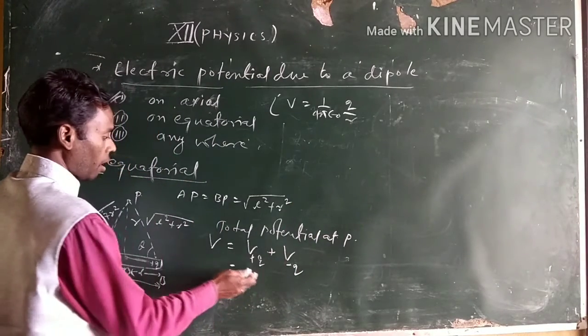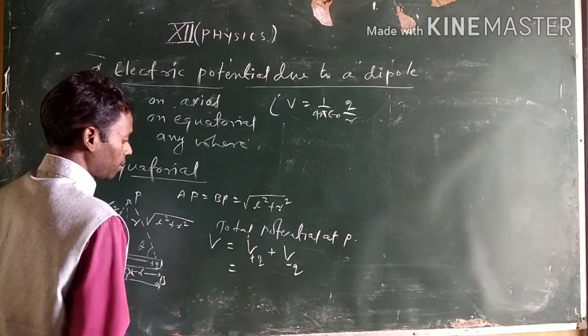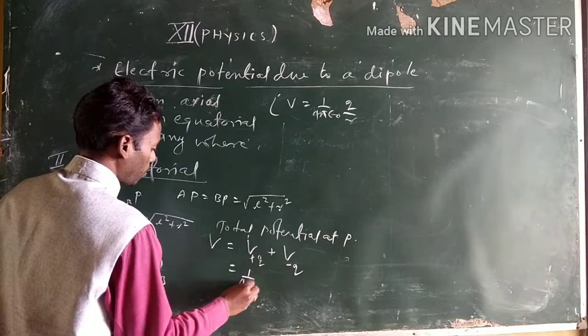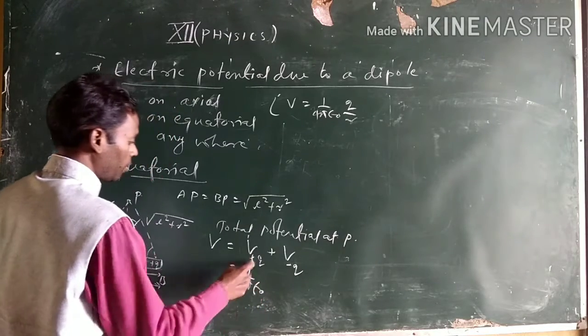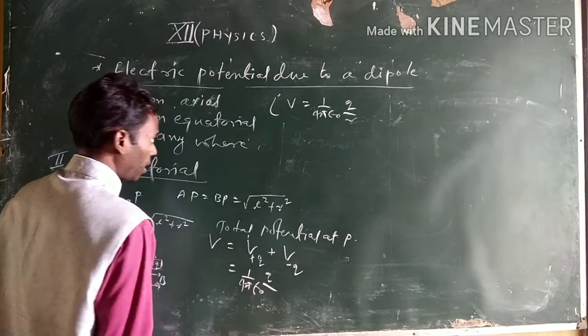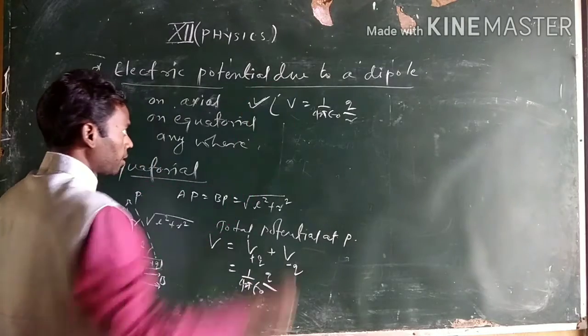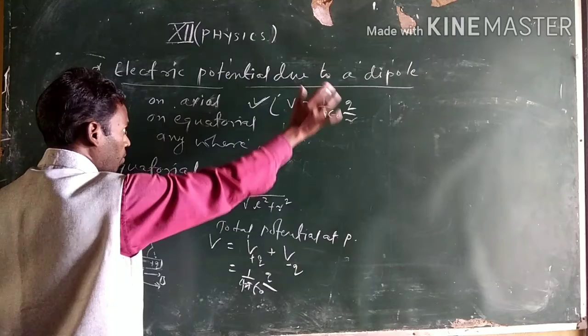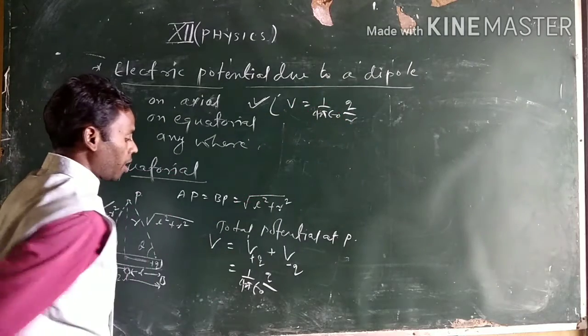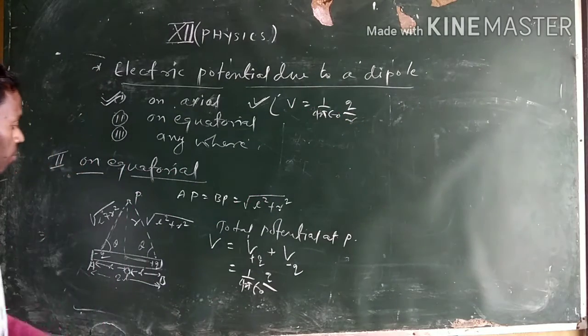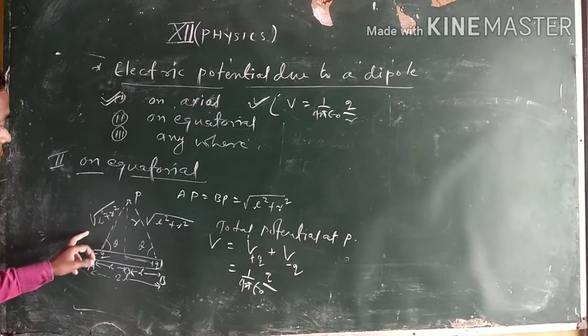Here our potential of this one, that means 1 by 4 pi epsilon naught, Q is plus Q divided by, we have already learned this one, potential is equal to 1 by 4 pi epsilon naught, Q divided by R. In the distance we have to take this one, okay.